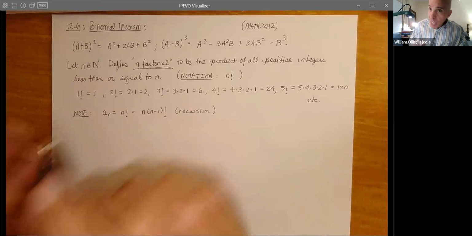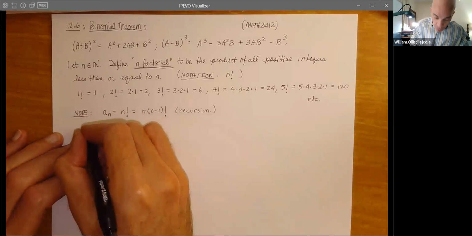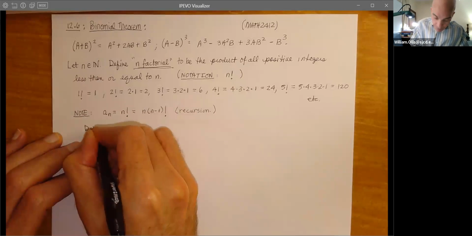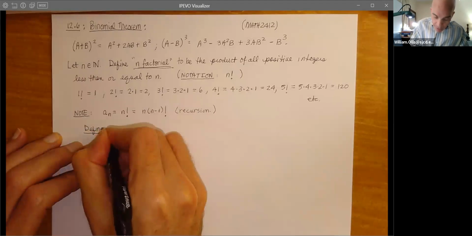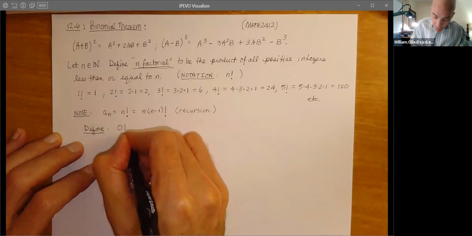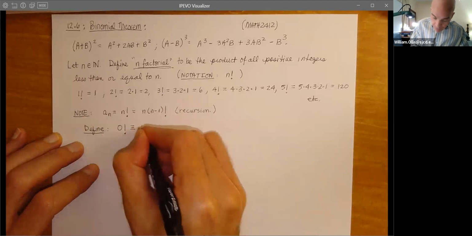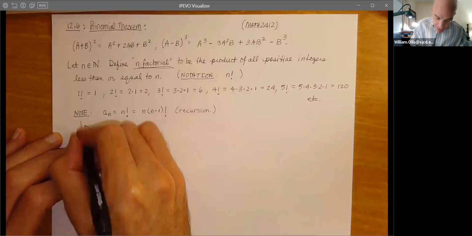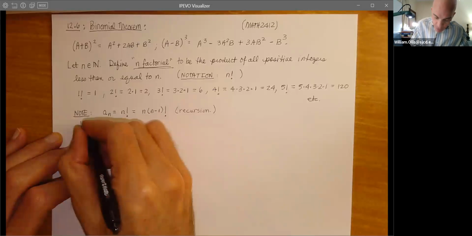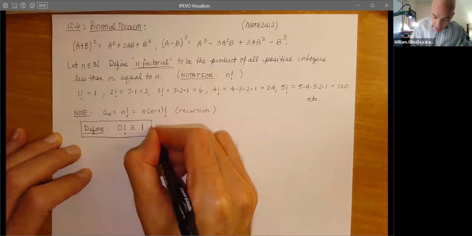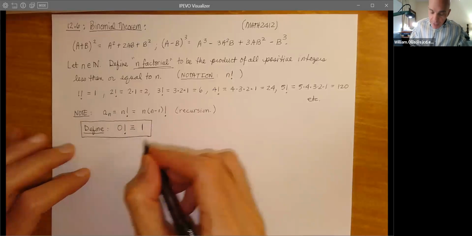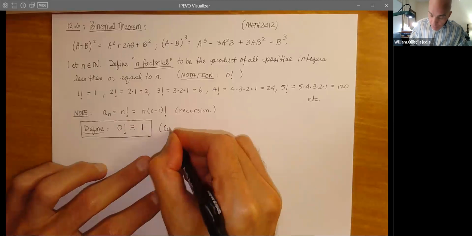So just to keep us from dividing by 0, we define 0 factorial to be 1. This will be consistent with everything that we do. Again, this is our convention.